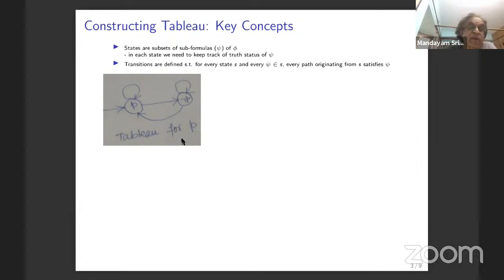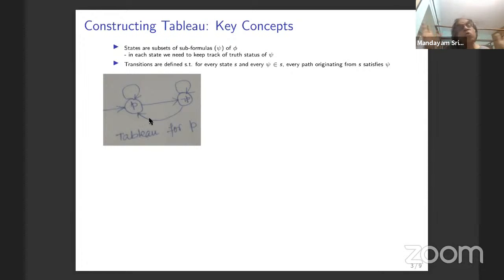This is a tableau for P, because every path in this transition system exactly defines the infinite paths satisfying P.